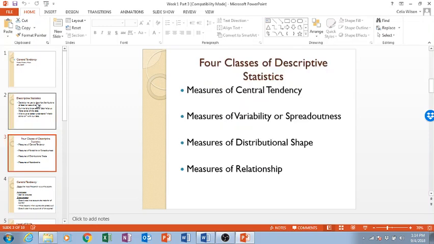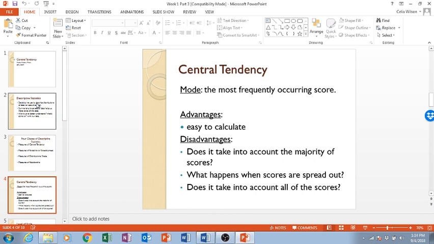Those are the 4 classes of descriptive statistics, and in this video, we're talking about central tendency. We have 3 measures of central tendency. Continue to come back to the idea that central tendency is the best number that represents all of your data.